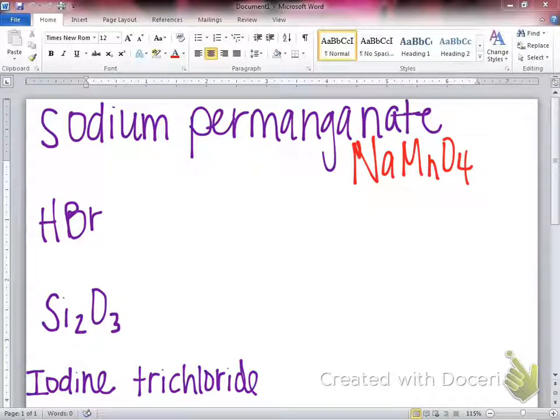Raise your hand if you agree. Perfect, right? Permanganate is MnO4 minus 1. So sodium has a +1 charge, which means they balance each other out with no extras. Okay, permanganate is MnO4 minus 1. Abby, what'd you have for the second one?